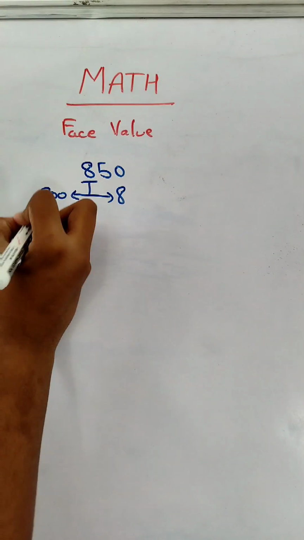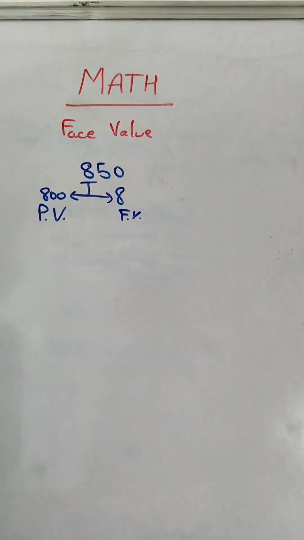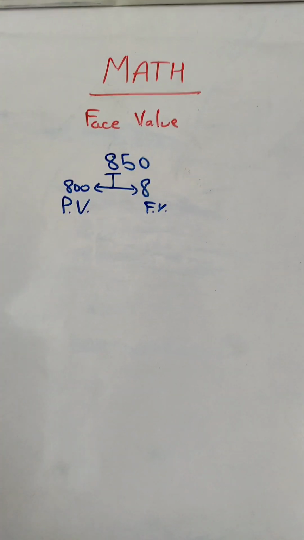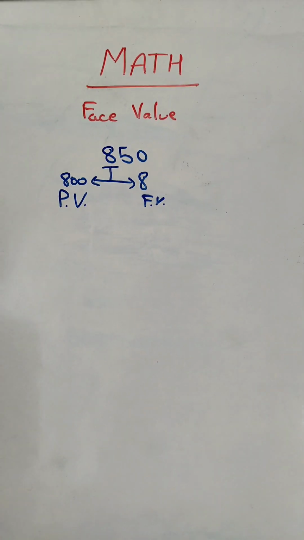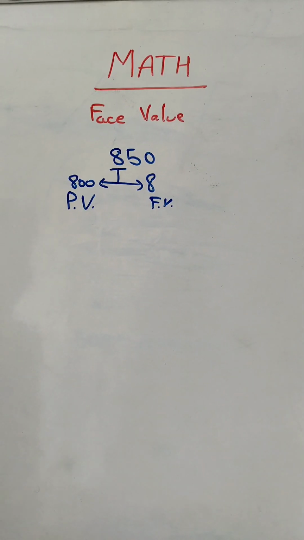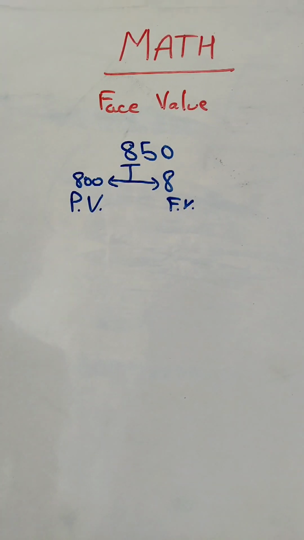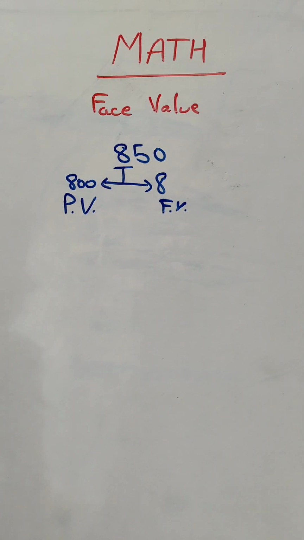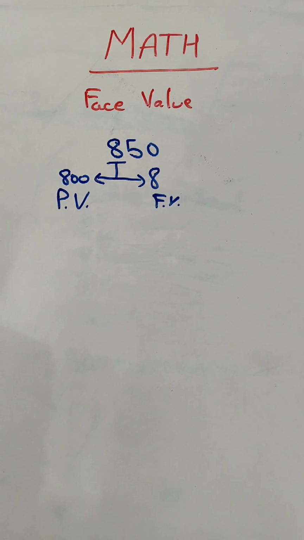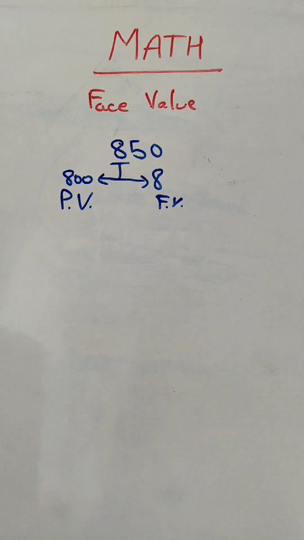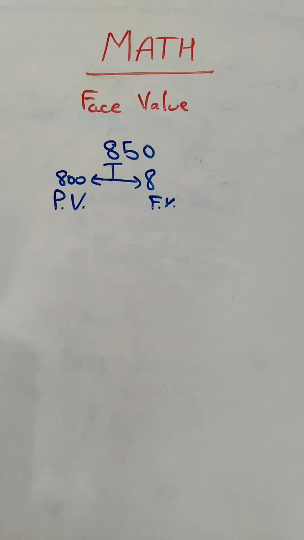Now you can see the difference: in face value, no matter how big the number is, the digit of the number given will remain the same, and there won't be any changes. In place value, you can see that 8 is turning into 800 because the location it is placed in the number is the hundreds place.